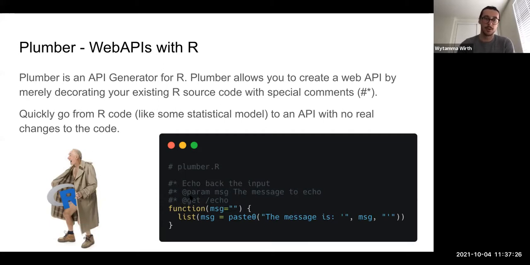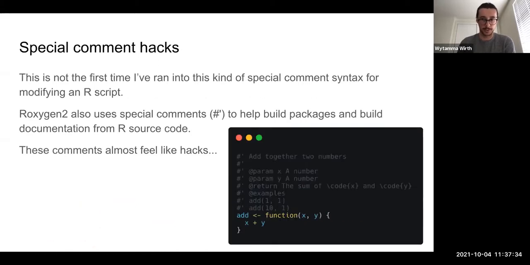This gave me the idea of using those special comment syntax to do the logging. I've also seen the special comment syntax in Roxygen, which is how you do documentation for R code.